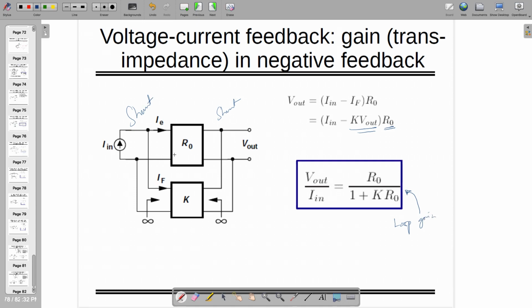Similarly, you can find the gain V_out by I_in. So the gain is decreased by (1 plus K R0). Sorry, this is a closed loop gain. So the closed loop gain is also changed by the loop gain, where R0 is the feed-forward element and K is the feedback element.